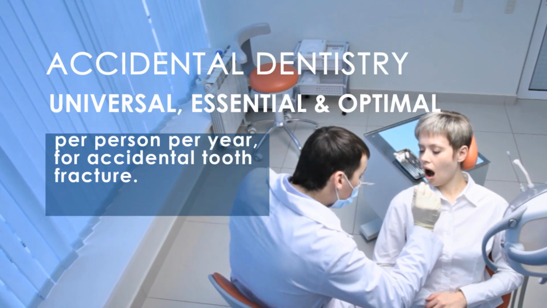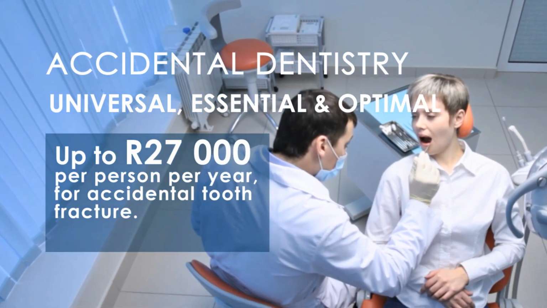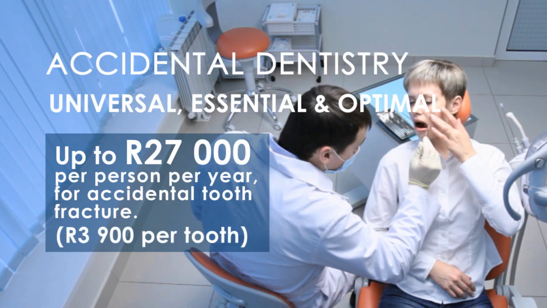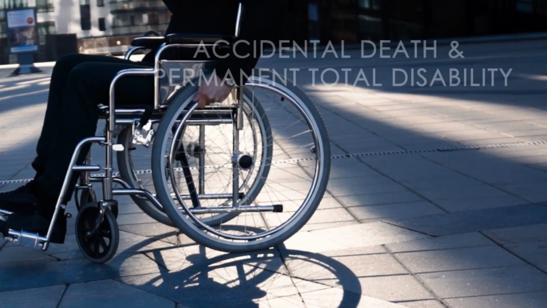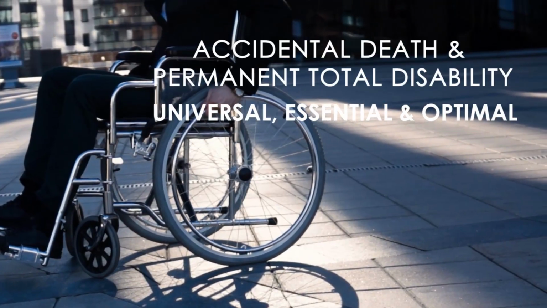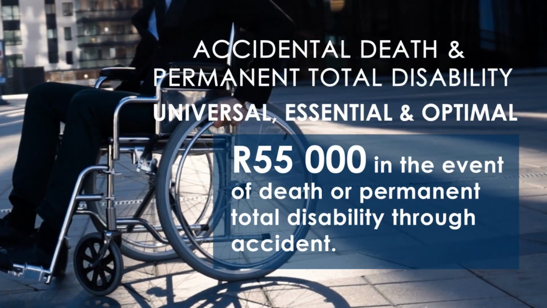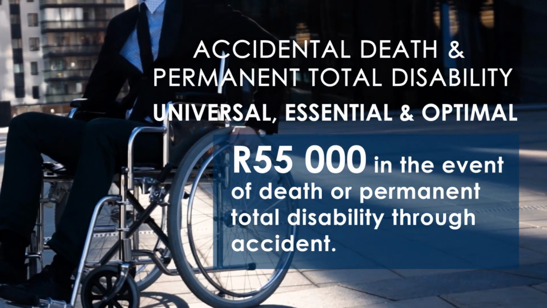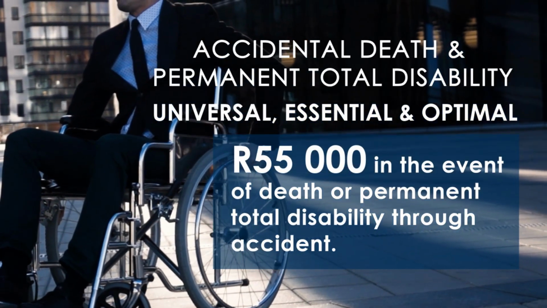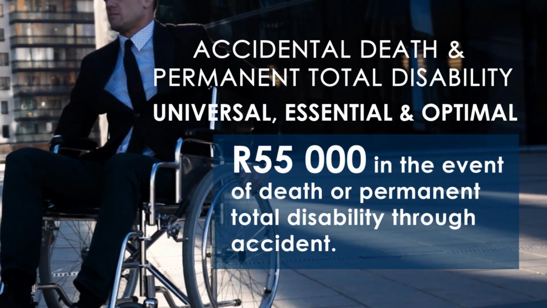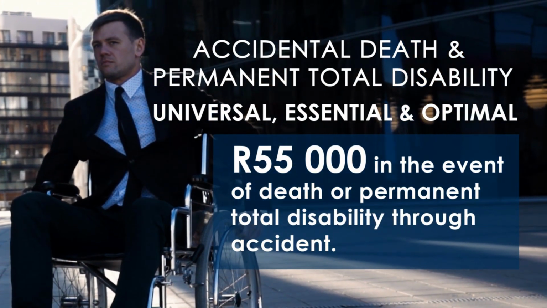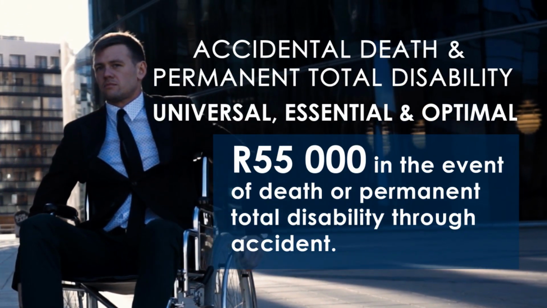Accidental dentistry cover provides up to R27,000 per person per year for accidental tooth fracture. Accidental death and permanent total disability cover of R55,000 is provided to pay for costs that may arise in the event that anyone insured by the policy suffers accidental death or injury leading to permanent and total disability.